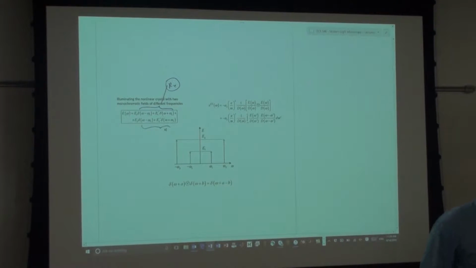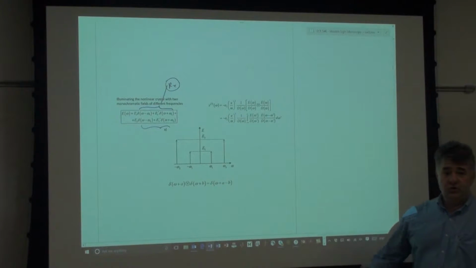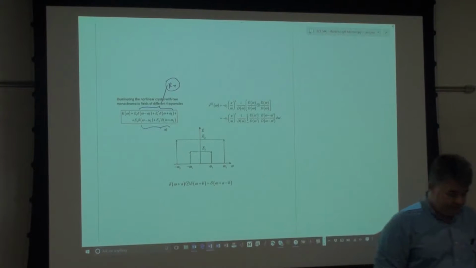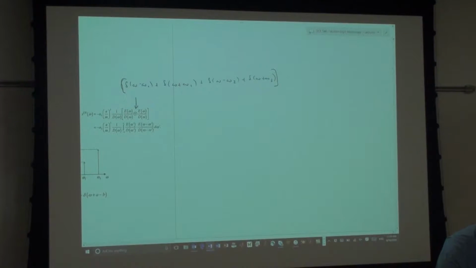And the same thing for omega 2. You plug them into the convolution here. So you basically have the following. Delta of omega minus omega 1 plus delta of omega plus omega 1 plus delta of omega minus omega 2 plus delta of omega plus omega 2 convolve with itself.